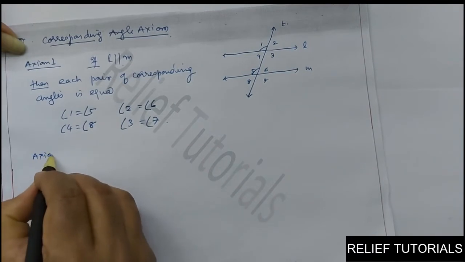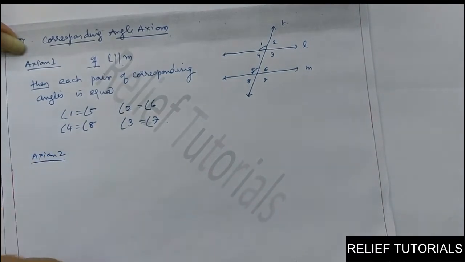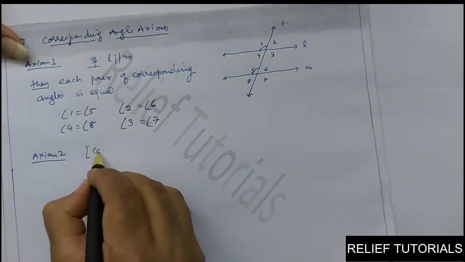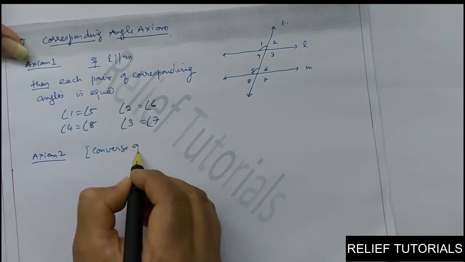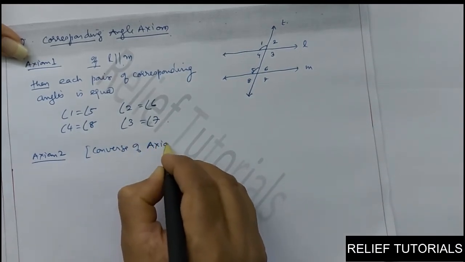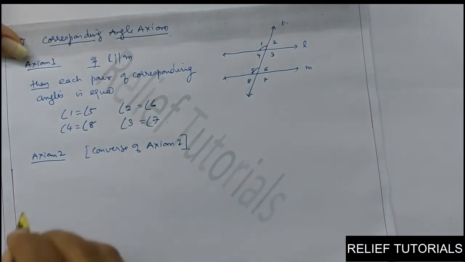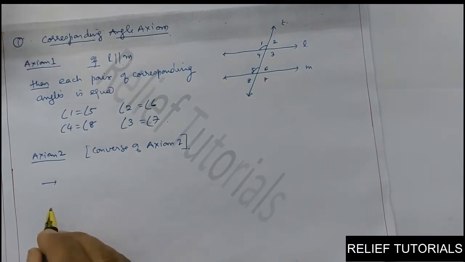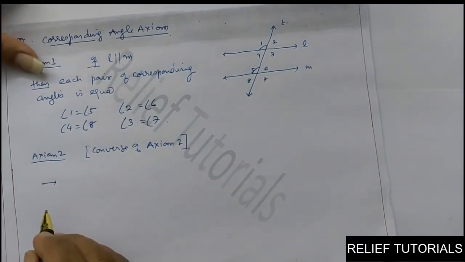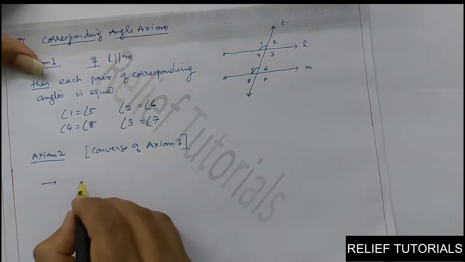Now, axiom 2. It is the converse of axiom 1. What does it say? If a transversal intersects two lines such that corresponding angles are equal, then the lines are parallel.